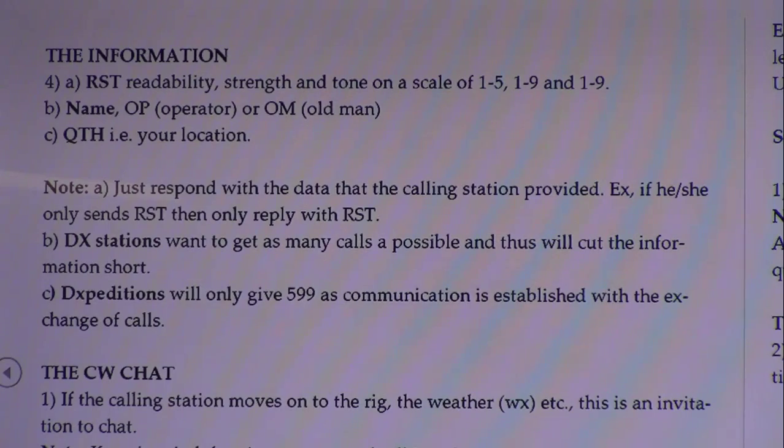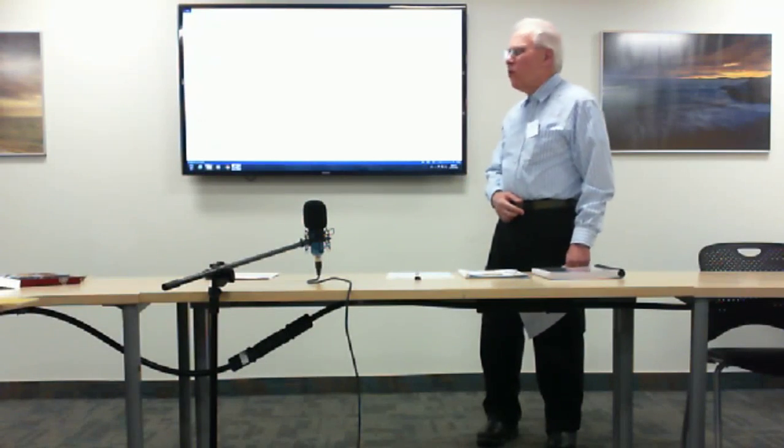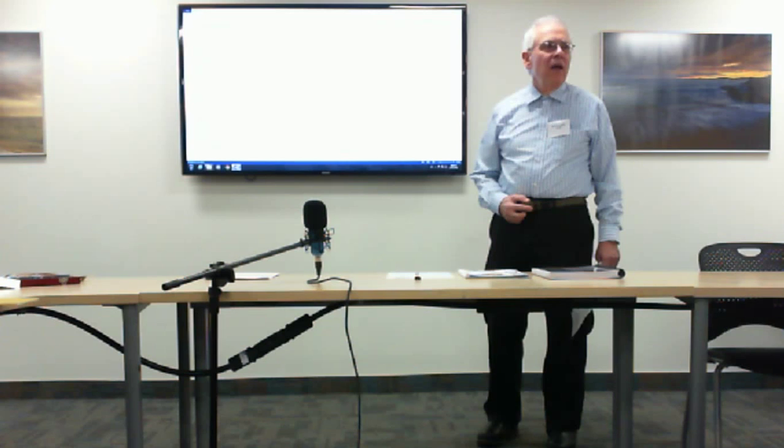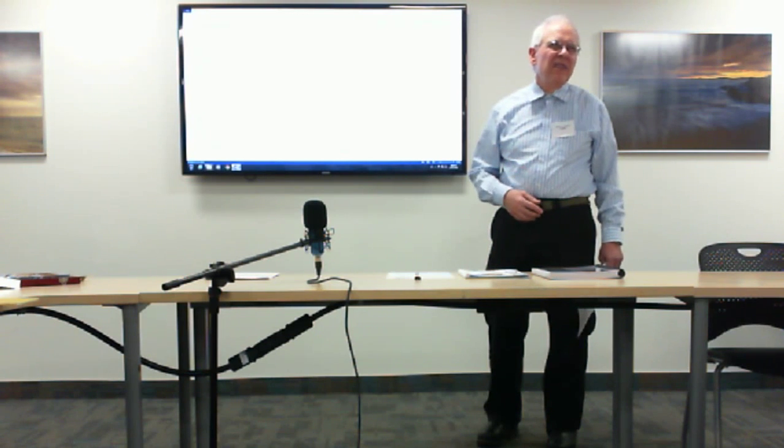That's the usual exchange of information that most amateurs give, and they give it right at the beginning. Readability is on a scale from 1 to 5. How good is it? Can I really understand what he's saying? If it's a 5, it means you can really hear him. If it's a 3, it's sort of dicey.